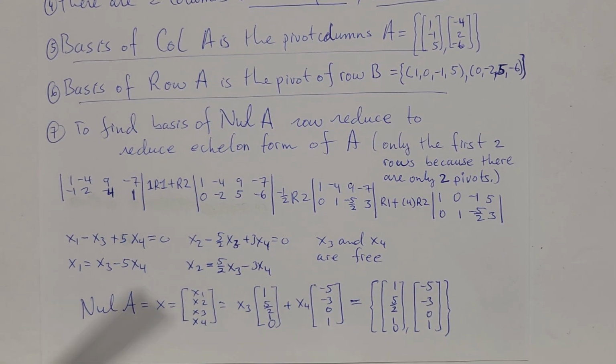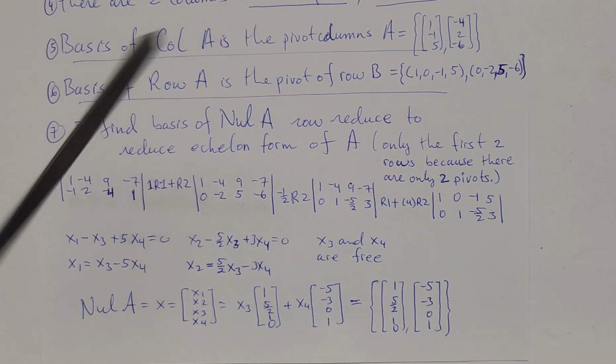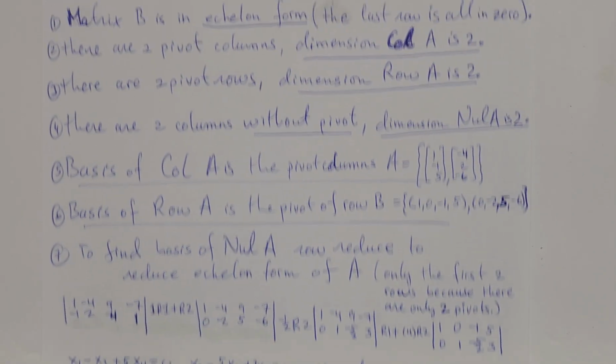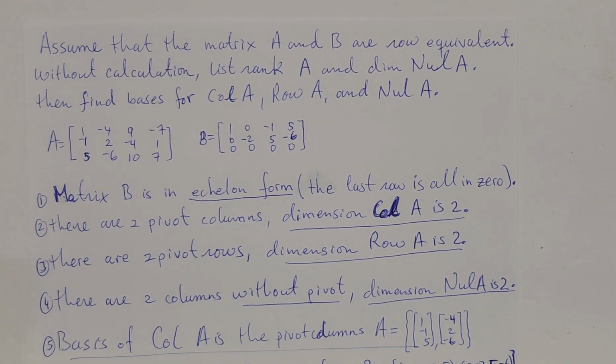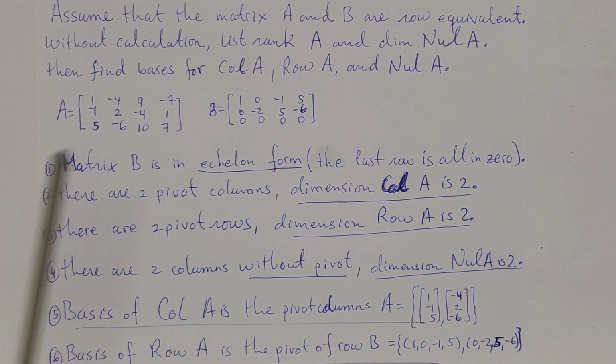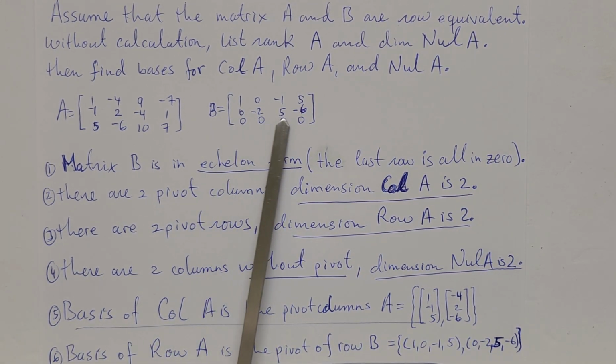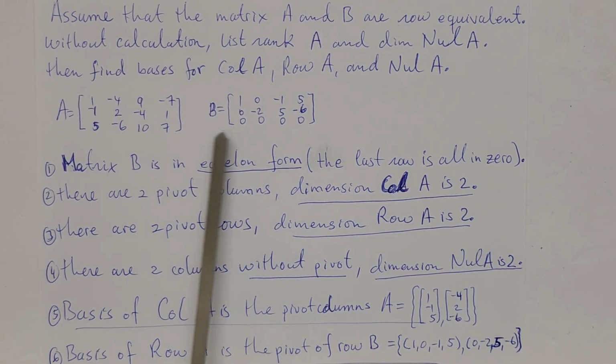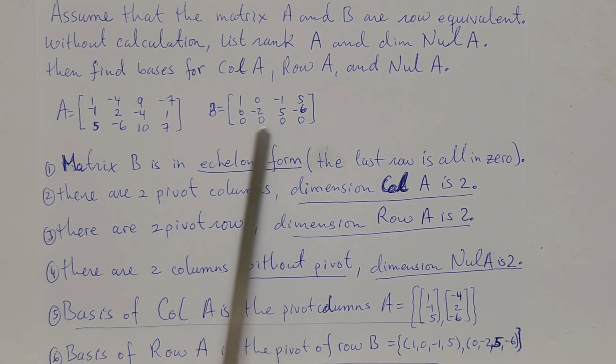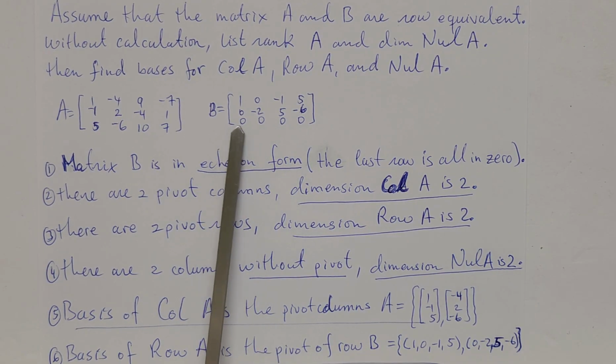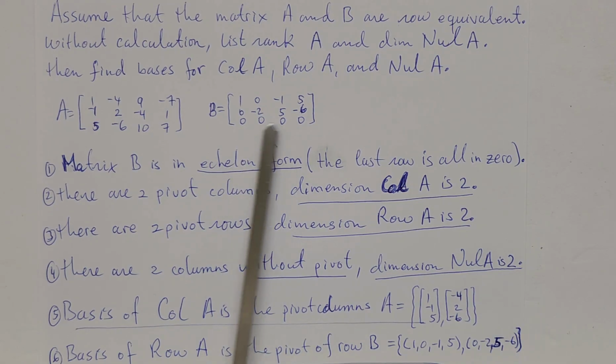Okay, next, number 7. To find the basis of null A, row reduce A to row echelon form. However, if you look carefully here, only the first row and the second row have a pivot. So we will not include the third row because there's no pivot in the third row.